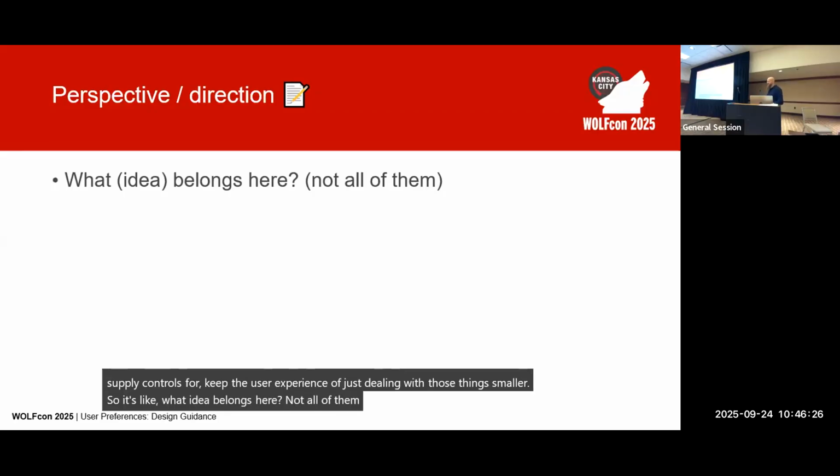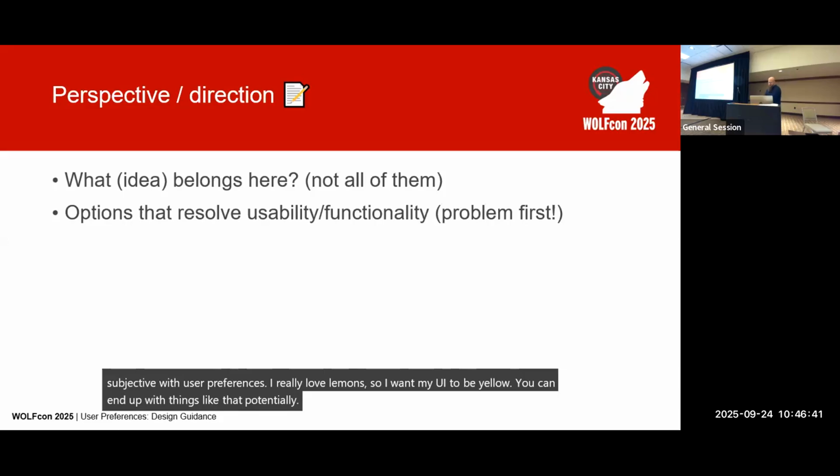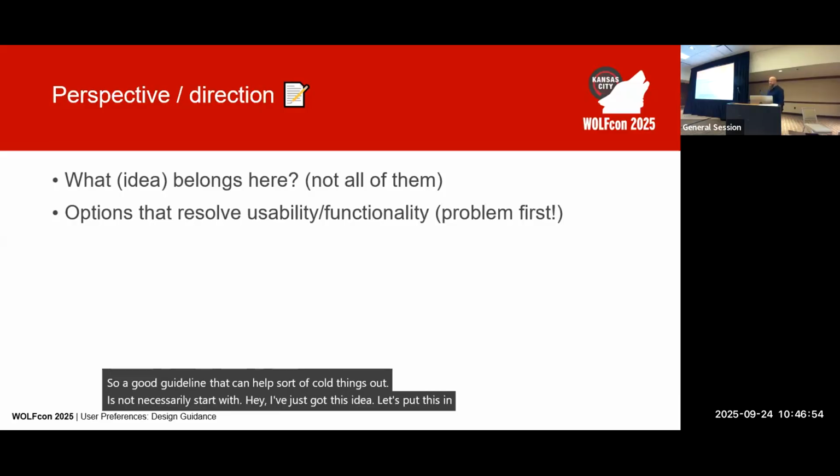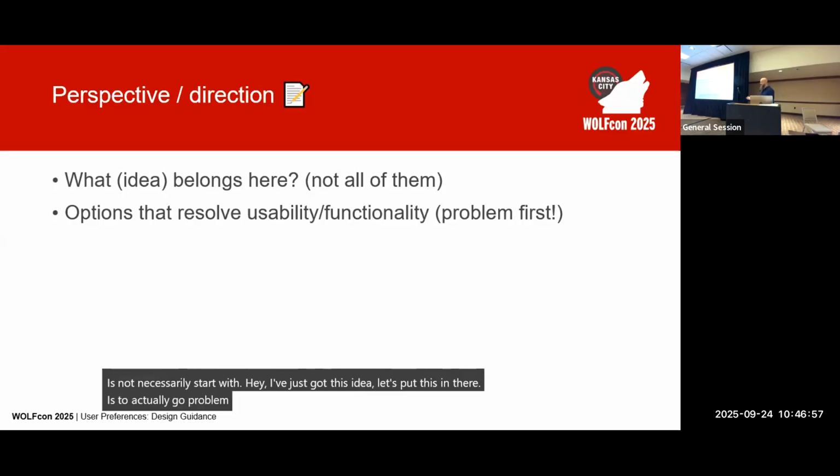You can obviously get very, very subjective with user preferences. I really love lemons, so I want my UI to be yellow. You can end up with things like that potentially. So a good guideline that can help cull things out is to not necessarily start with, hey, I've just got this idea, let's put this in there, but to actually go problem first, a problem-centric approach.